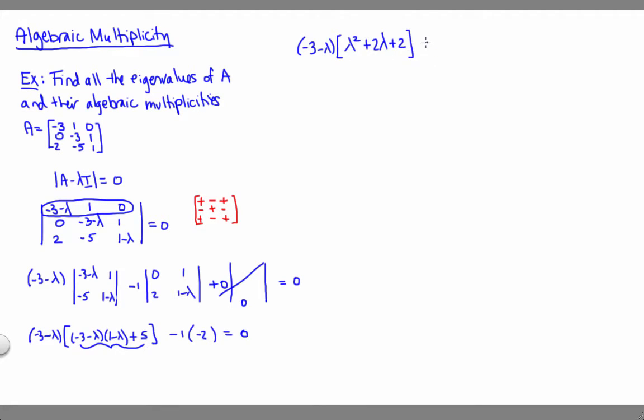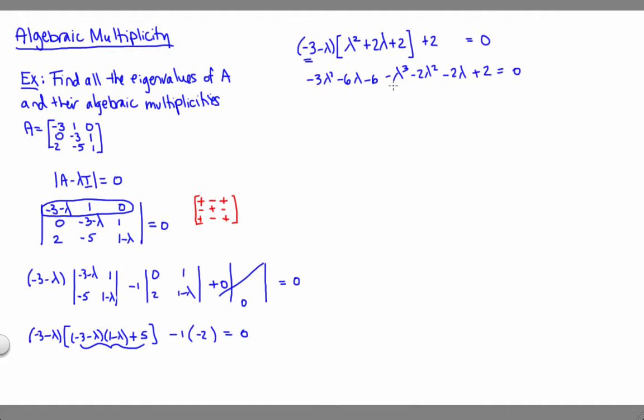And that's going to get added to the plus 2, and that expression is equal to 0. So let's distribute the negative 3. We've got minus 3 lambda squared minus 6 lambda minus 6, and then we'll distribute the minus lambda: cubed minus 2 lambda squared minus 2 lambda, and then plus the 2 is equal to 0.